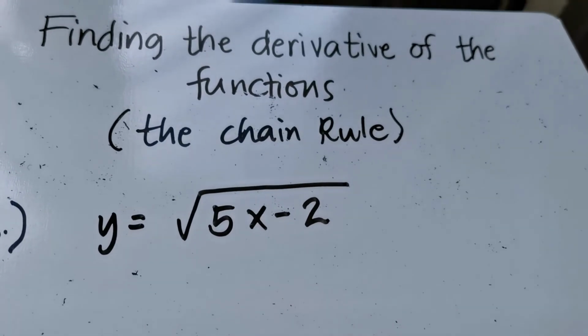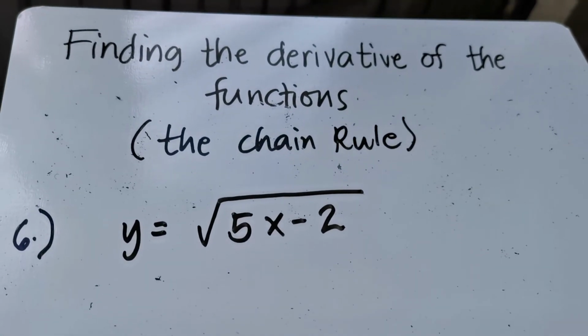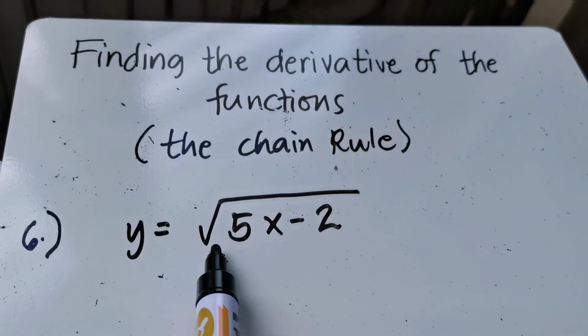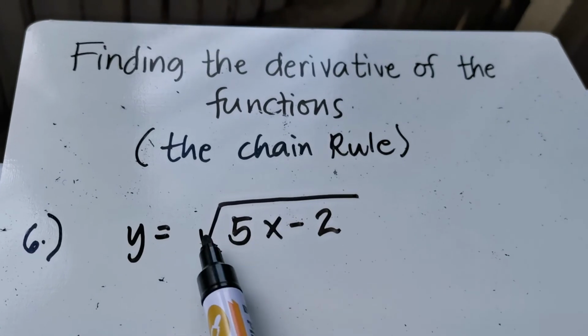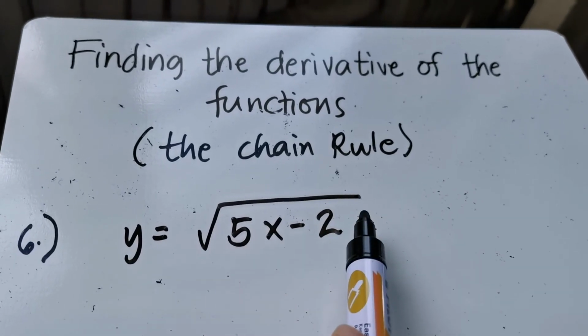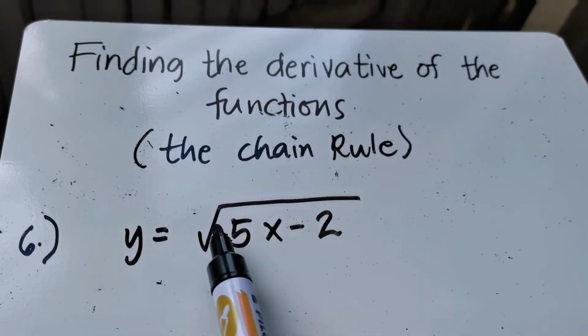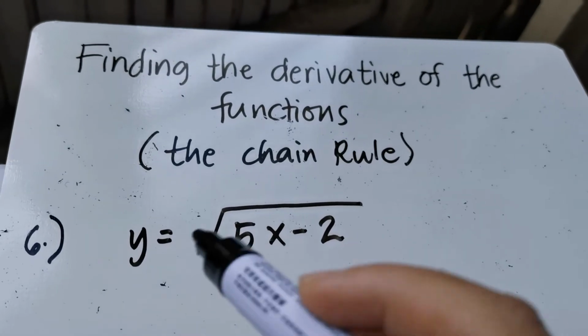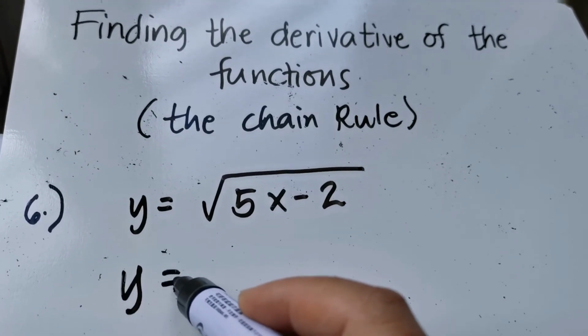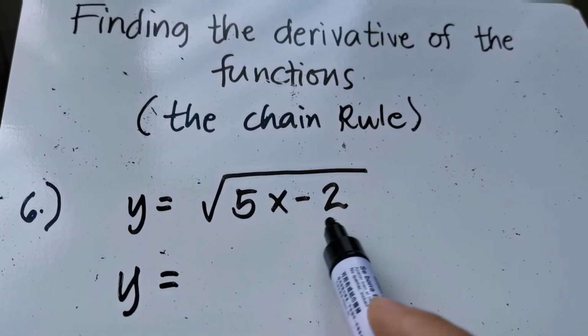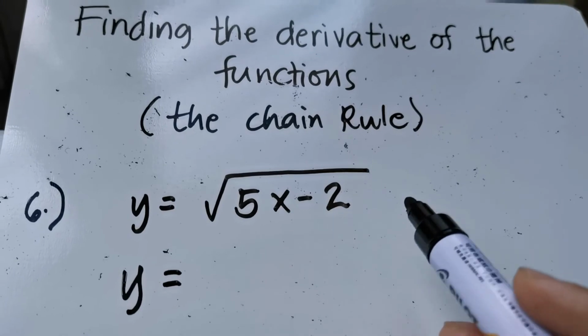Our next example is y equals the square root of 5x minus 2. So we're dealing here with a radical. Before we can get the derivative of this function, we have to rewrite this first into an exponential function.